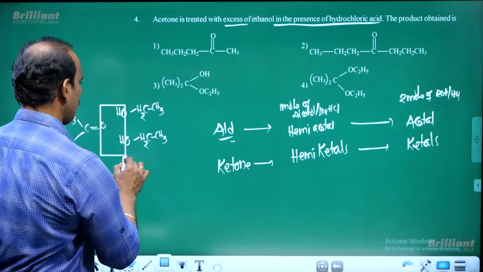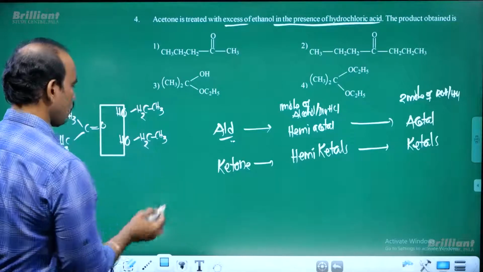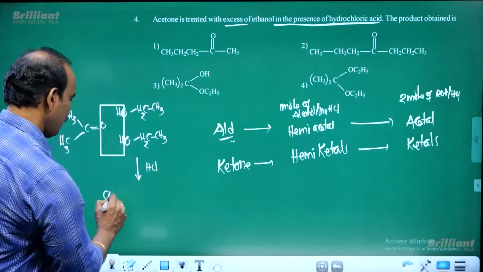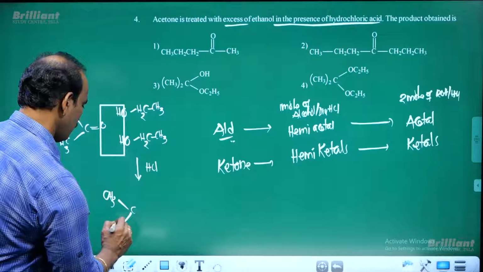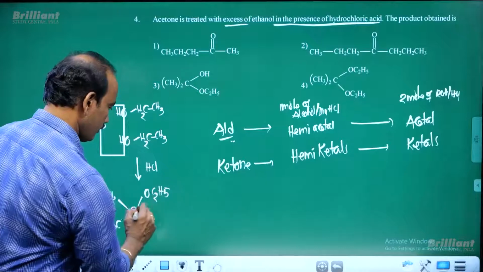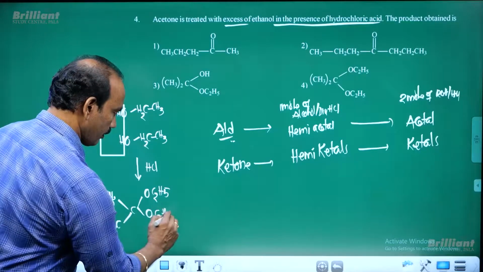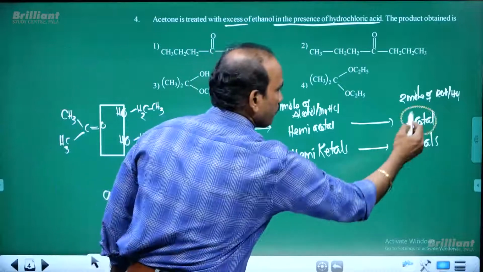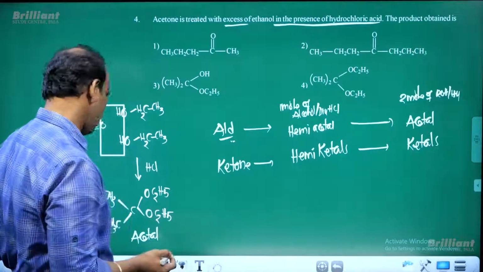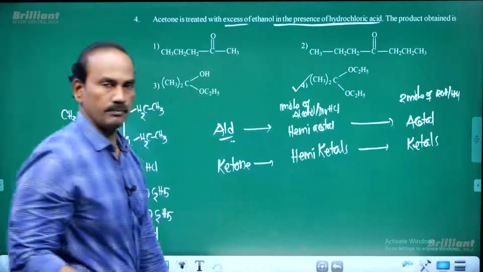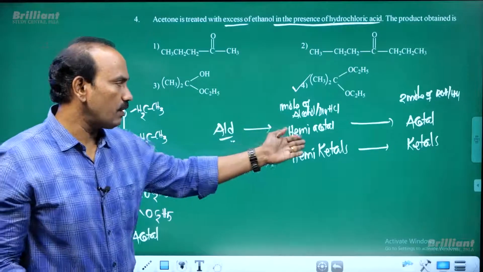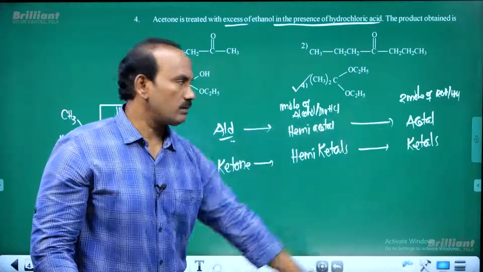Now, water is removed in the presence of HCl, giving CH3, C, CH3 with OC2H5 and OC2H5. This compound is an acetal. Clear? So the answer is this one. Okay. 1 mole of alcohol reacts with aldehydes to form hemiacetals. 2 moles, that is an acetal. Clear?